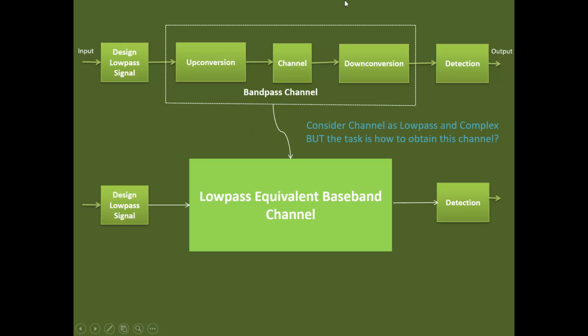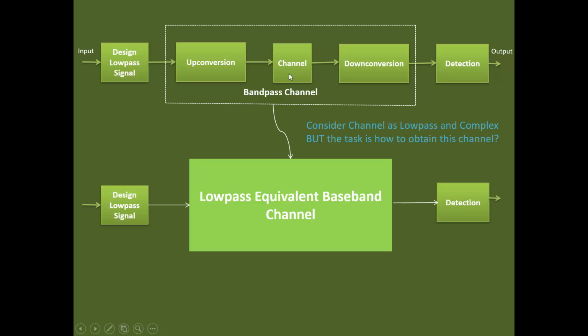Because this whole system, which is in this box, is actually a band pass channel, right? But we can consider it to be a low pass signal because we know that we can convert a band pass signal to a low pass equivalent signal.